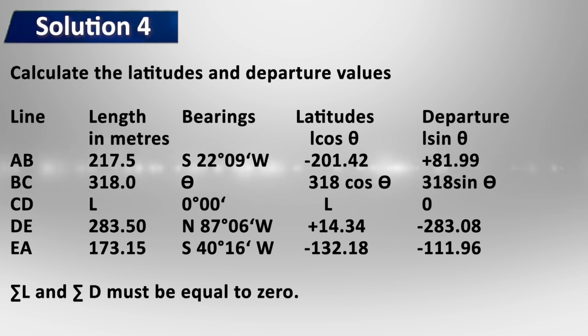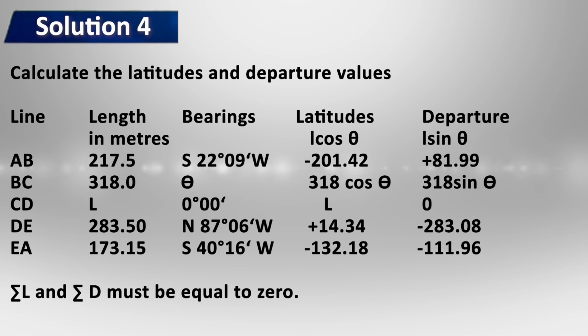Now the algebraic sum of all the latitudes. Let L be the length of the CD, which is unknown, and theta the reduced bearing of line BC, which is unknown as per the question.